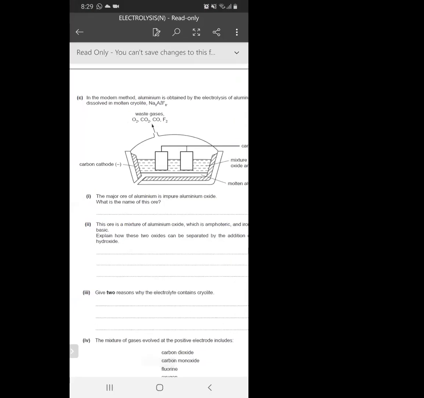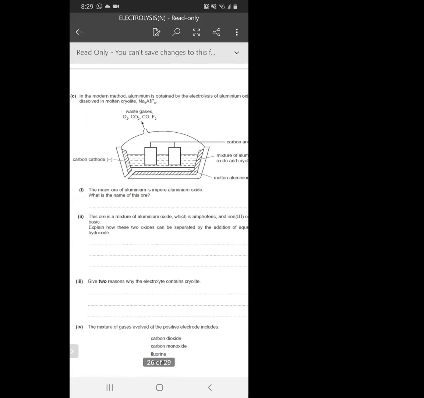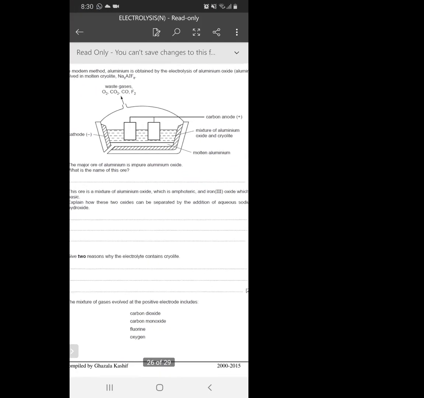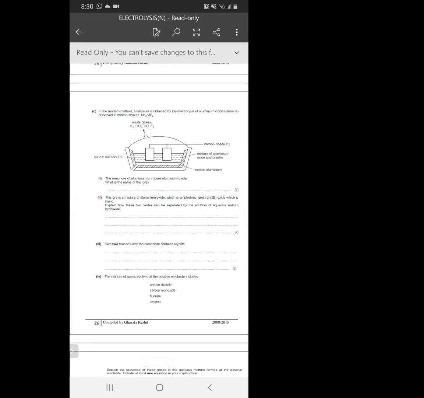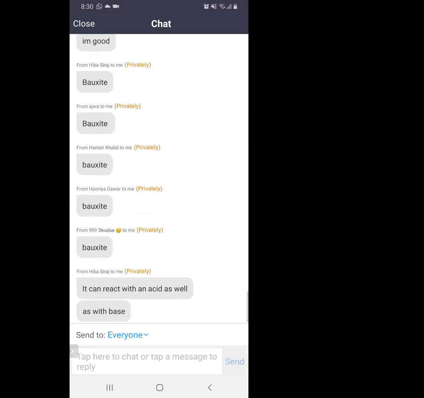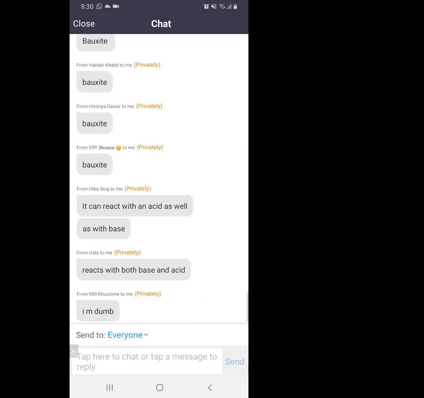This ore is a mixture of aluminium oxide, which is amphoteric, and iron 3 oxide, which is basic. What does amphoteric mean? Yes, an oxide which can react with both acids and bases.